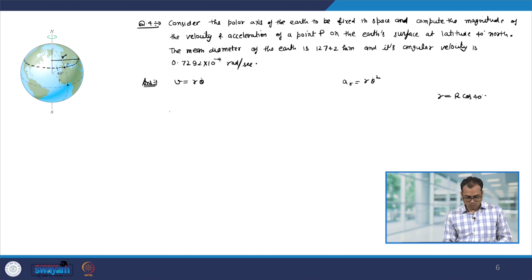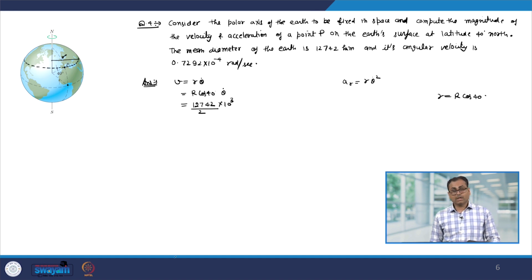So let us put it over here, you get v equal to R cos 40 degree theta dot, and this will be 12742 kilometer, so let us convert it into meter, multiply by 10 to the power 3, divide by 2 because 12,742 was the diameter, multiply by cos 40 degree and then theta dot.